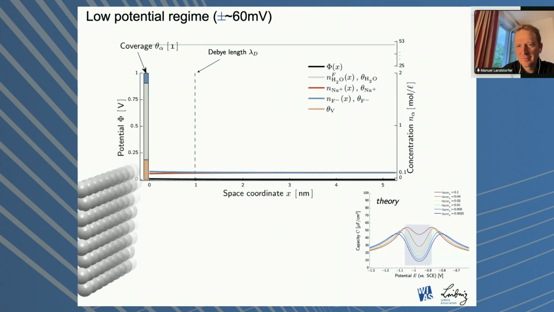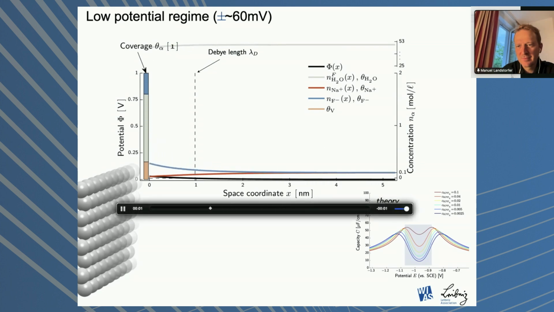What you will see here is that on the left we apply a voltage, and on the right you have the bulk concentration. In the low potential regime, which is plus minus 60 millivolts, you will find that the electrostatic potential is just linearly or exponentially decreasing.